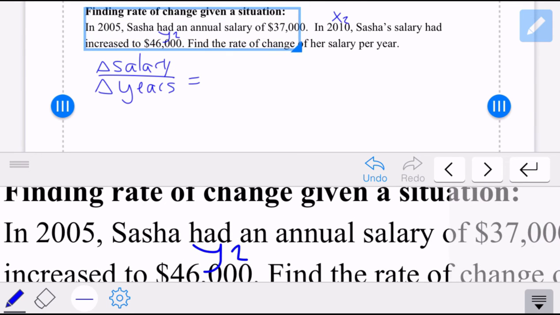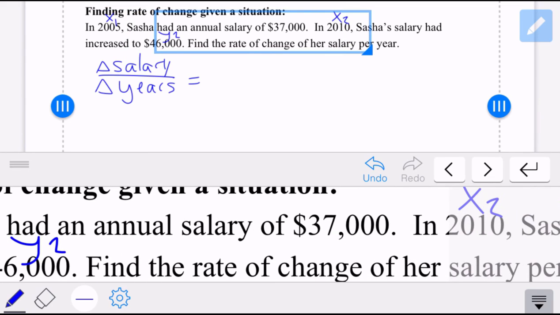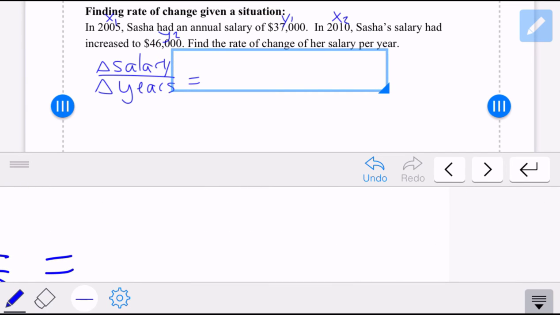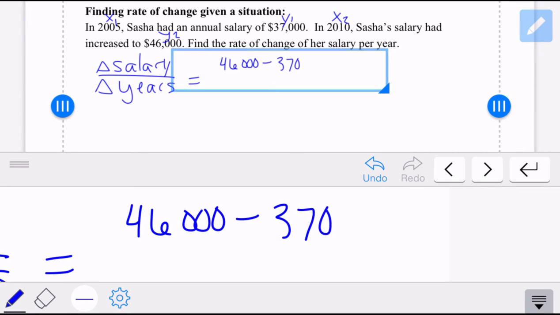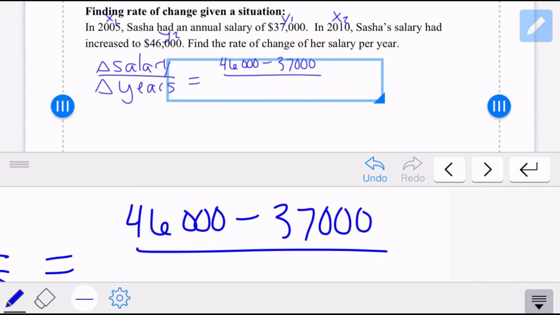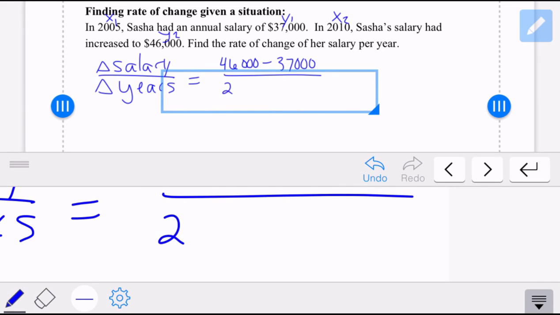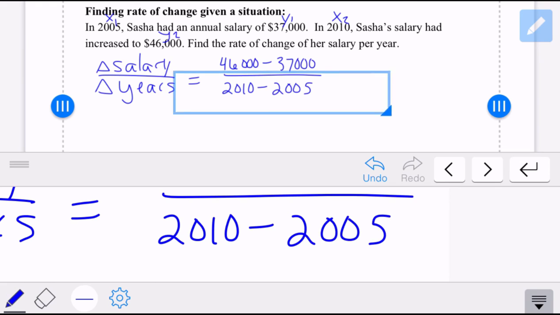And then the first one, 2005, that's going to be my X1, and the 37,000, that's going to be my Y1. So we've got Y2 minus Y1 on the top, which is going to be 46,000 minus Y1, 37,000. All right, change in our years, that's going to be 2010, subtract 2005.